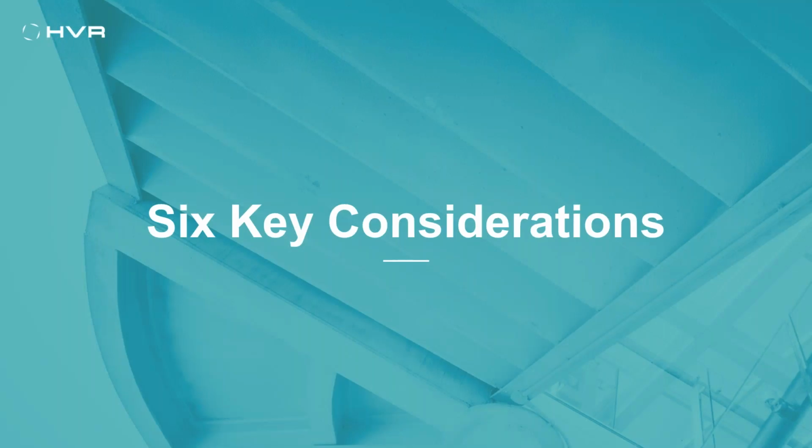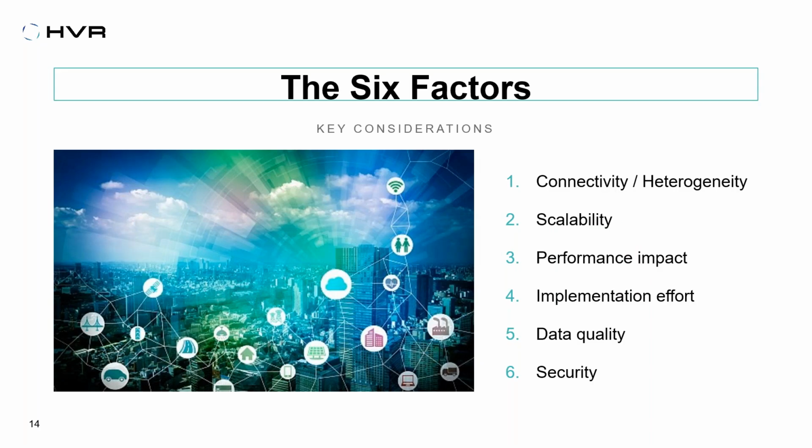So let's talk about some of the 6 key considerations that we think are important as you evaluate what is your best data integration technology for the cloud. So 6 factors, key considerations, and I'll go into detail on every one of those. Is the connectivity aspect: to what extent do you or do you not need heterogeneity for the technology you're going to use? We're looking at a couple of angles from a scalability perspective.